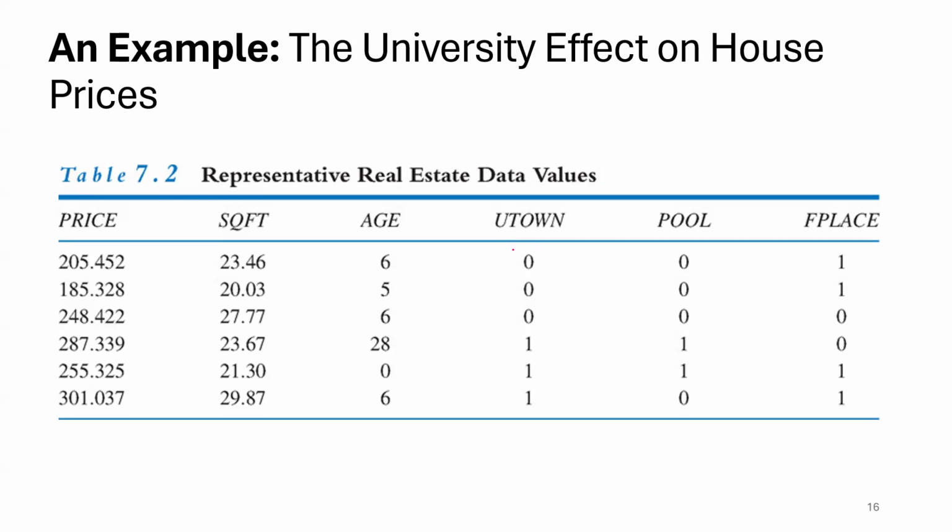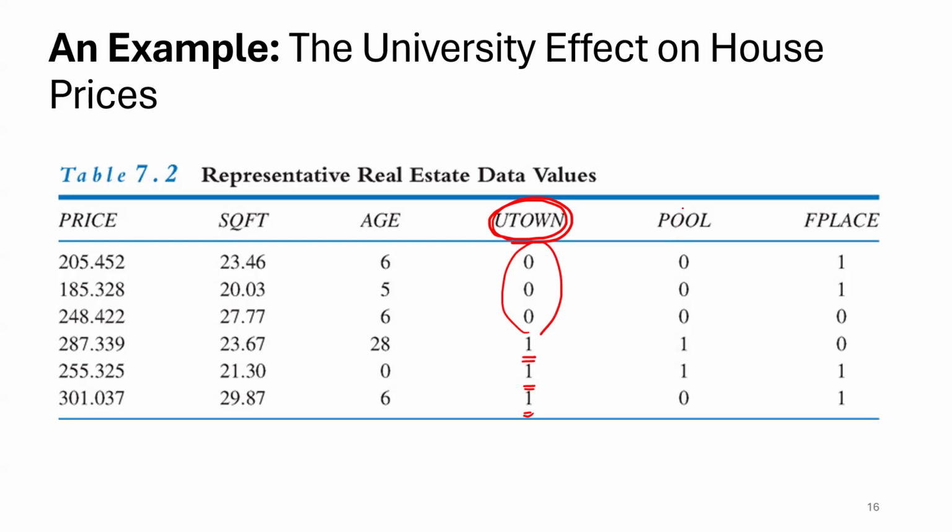So they have the variable named Utown. Utown means if it's close to the university, it becomes 1. If not, it becomes 0.